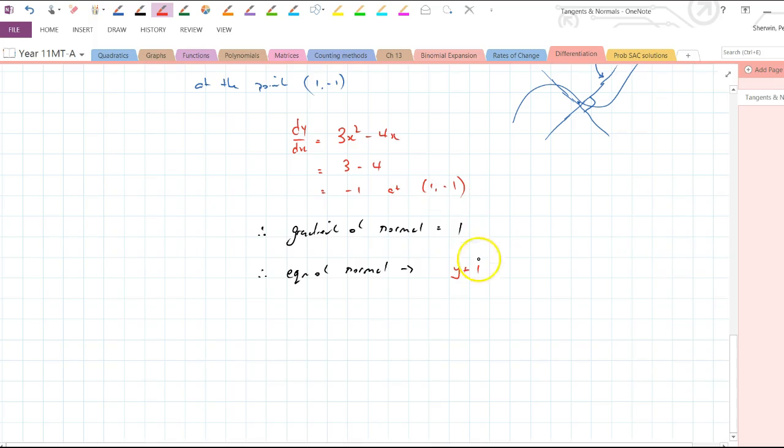So y minus minus 1, so y plus 1 equals, gradient of normal is 1, that's pretty easy, x minus x1. Look at that, this is nice and simple. Therefore, y plus 1 is equal to x minus 1, or y is equal to x minus 2. And there's the equation of the normal.